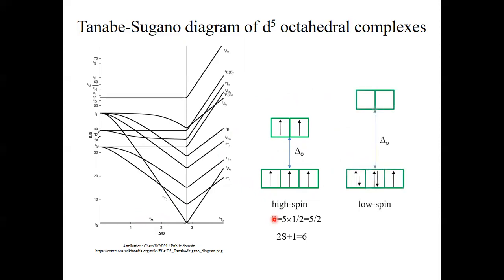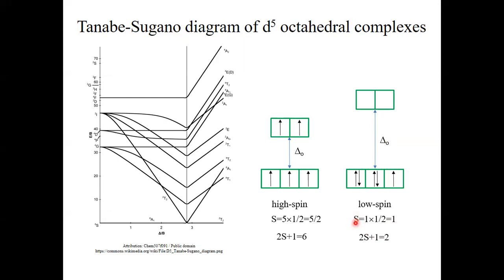Okay, so now what about a low spin complex? In a low spin complex, we minimize the number of unpaired electrons. So these 2 electrons go into these T2G orbitals, and that leaves this electron here as the only unpaired electron. So what is the quantum number S?